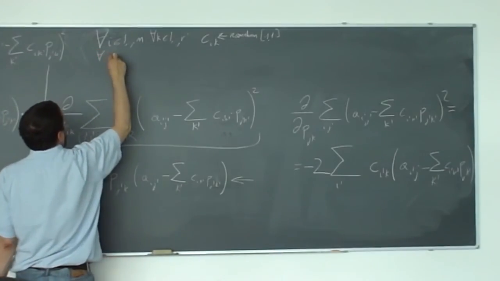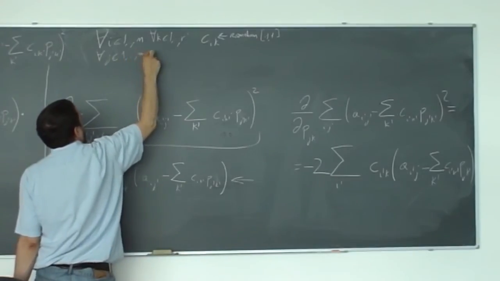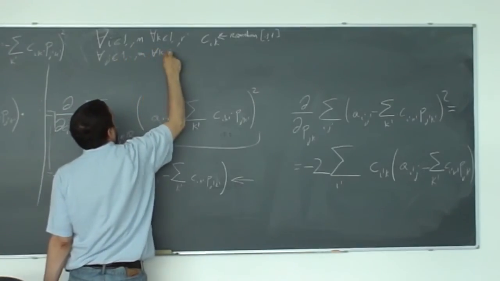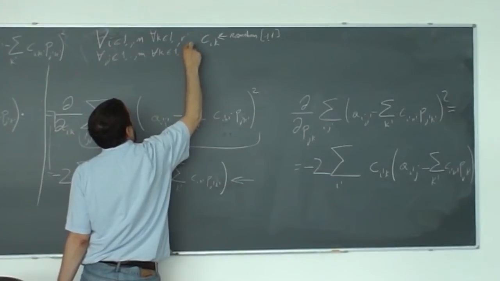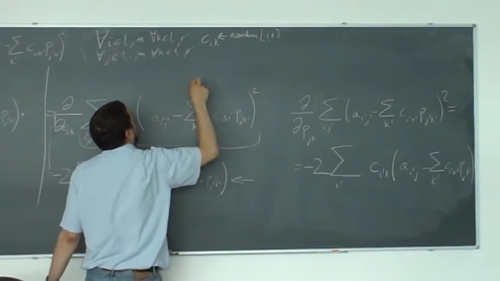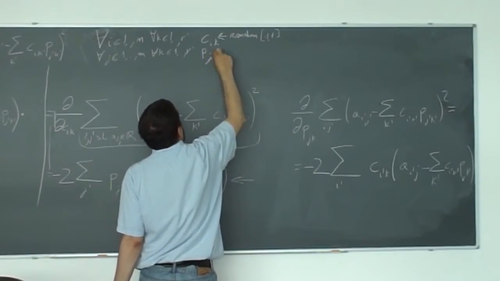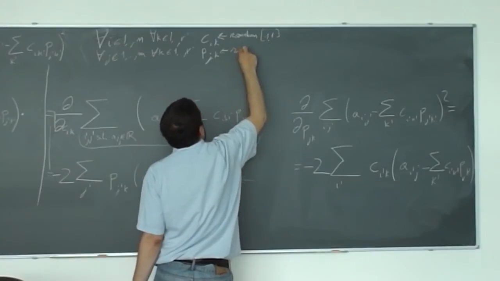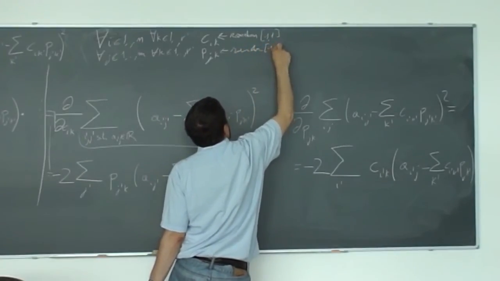For the same reason, for j in 1..m and for the same set of k indices, Pjk takes a random value in minus 1, 1.